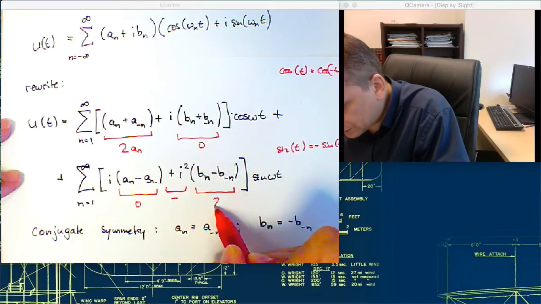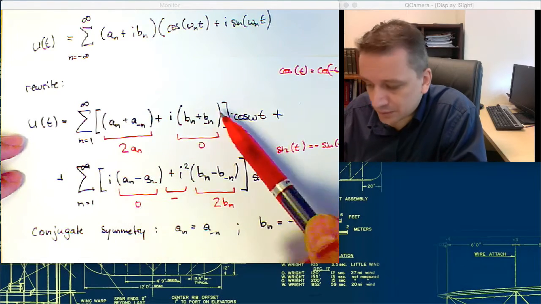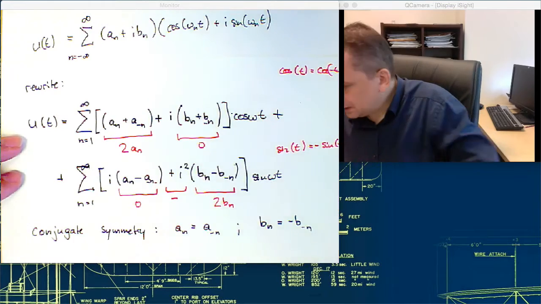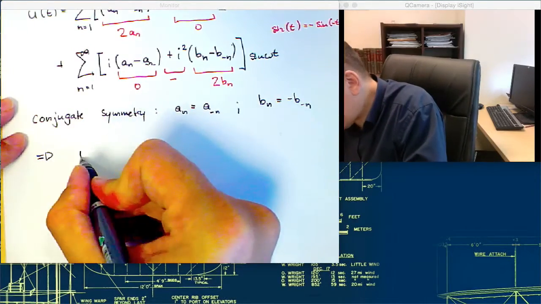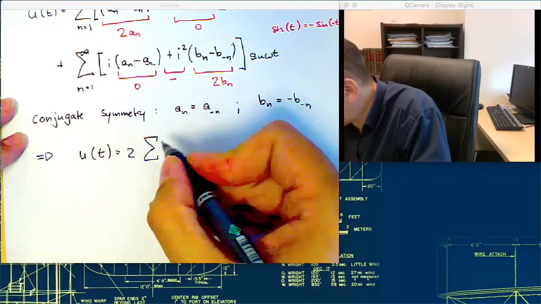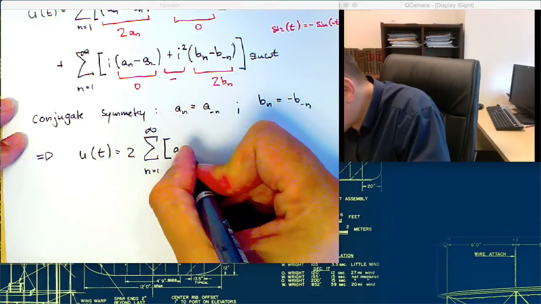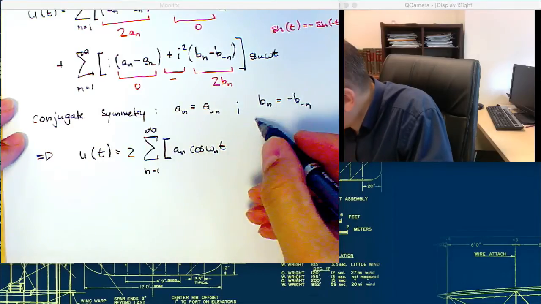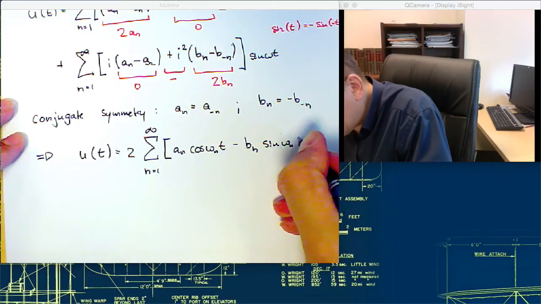And this one becomes 2bn. We see that all the imaginary part, this one here, becomes 0. This one we can write out as minus 1. We are left with the following. u of t is equal to the sum of n equal 1 to infinity an cosine omega nt minus bn sine omega nt.